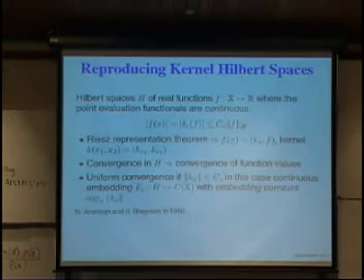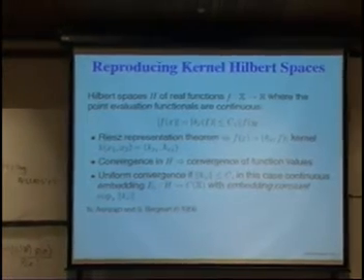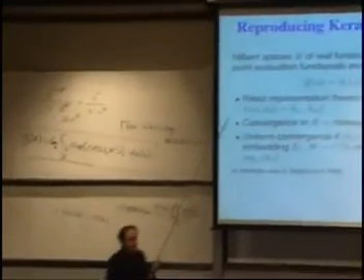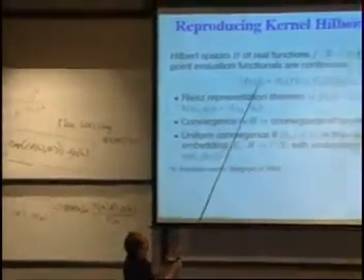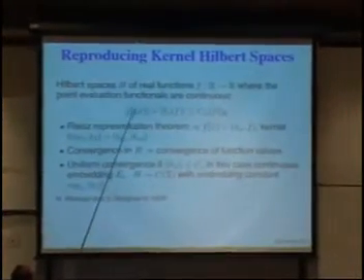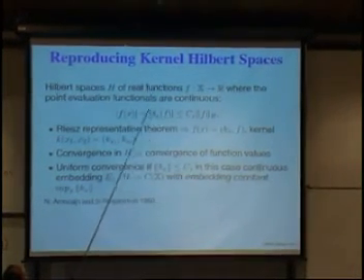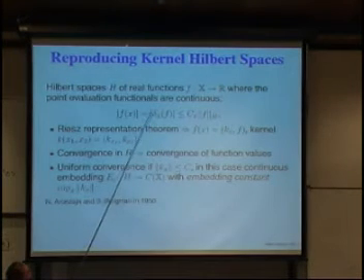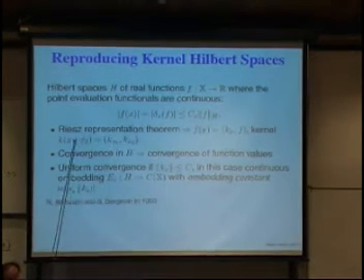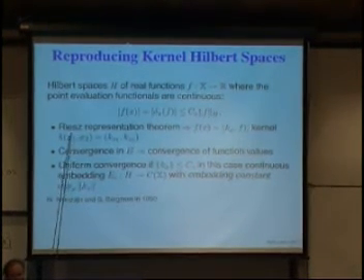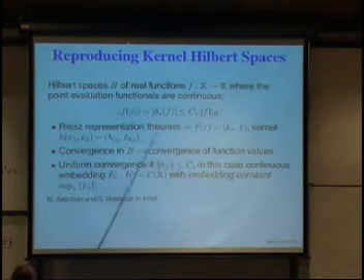And there they looked at Hilbert spaces where the function evaluation functionals, which you could call delta x of phi, so this is f, so this is our phi from before, are continuous or bounded.